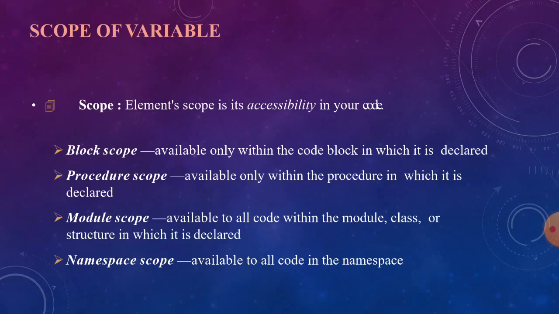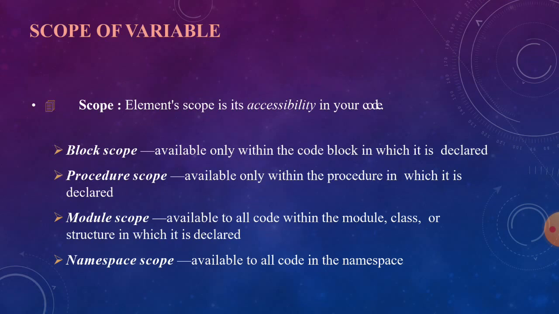Scope of a variable. An element's scope is its accessibility in your code. So we are having four scopes of a variable. One is the block scope, another one is the procedure scope, next one is the module scope, and the namespace scope. First of all we will see about block scope.